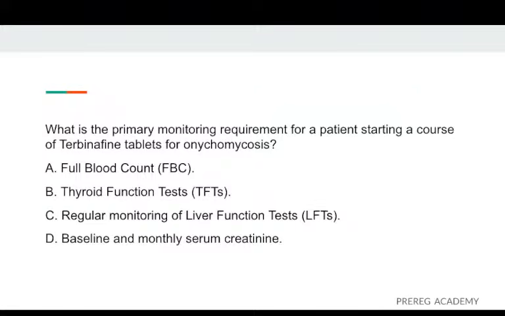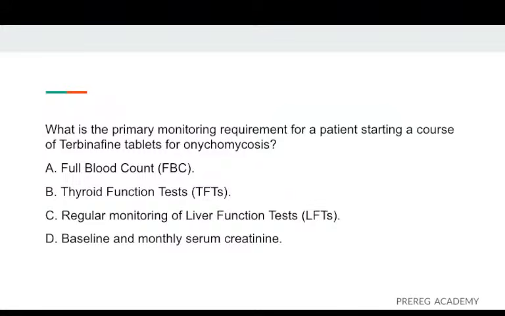All right. So can you treat fungal nail infection over the counter or not? And when do you refer patients? Okay, so it can be treated over the counter with amorolfine, right?